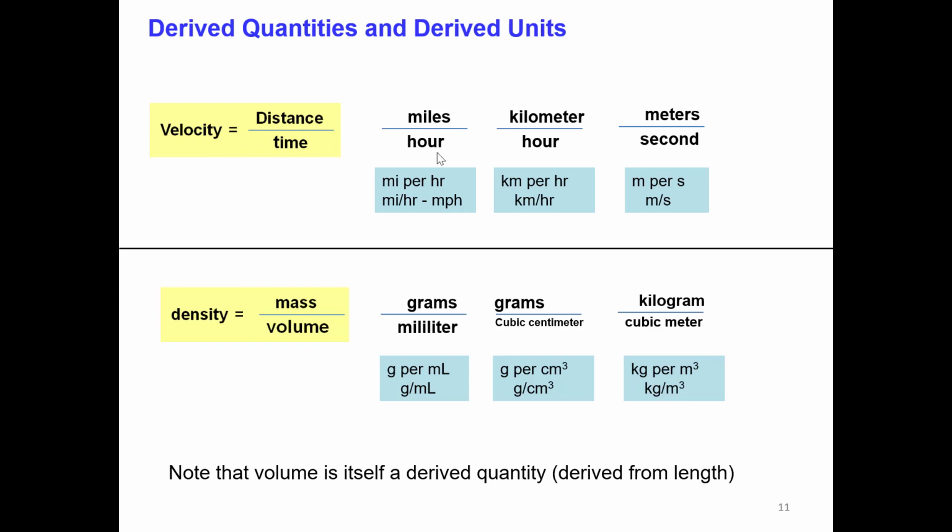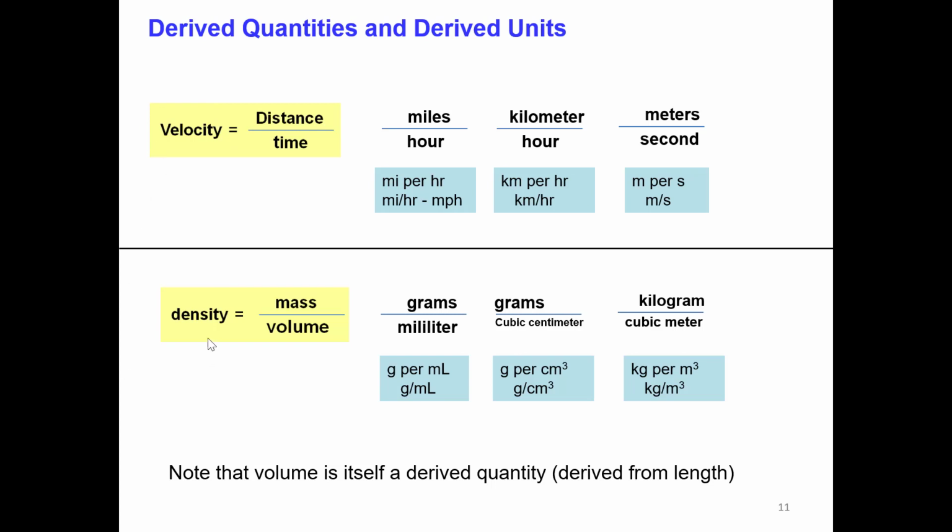Yes, it's miles per hour, and miles per hour is a derived unit that corresponds to the velocity. Another unit can be kilometer per hour. And the other unit in the SI system, for example, can be meters per second. Then all these are derived units, and the velocity is a derived quantity.